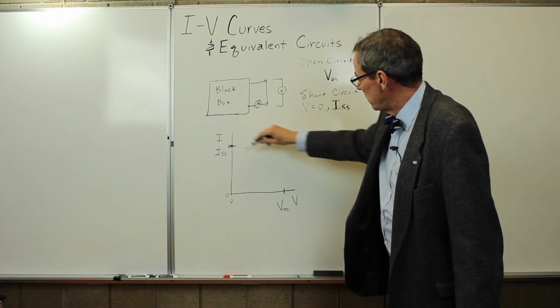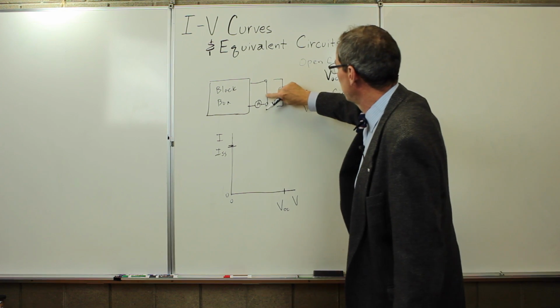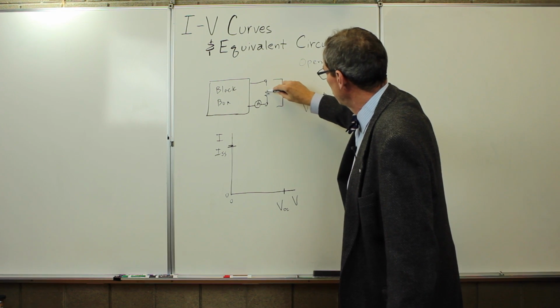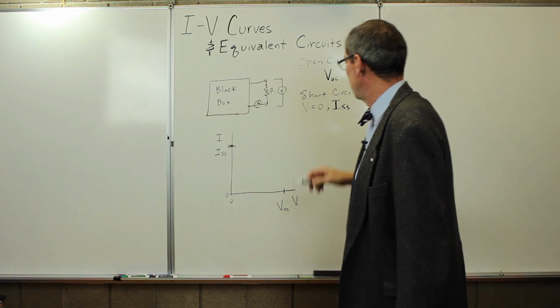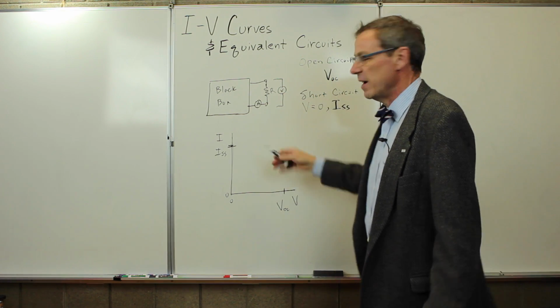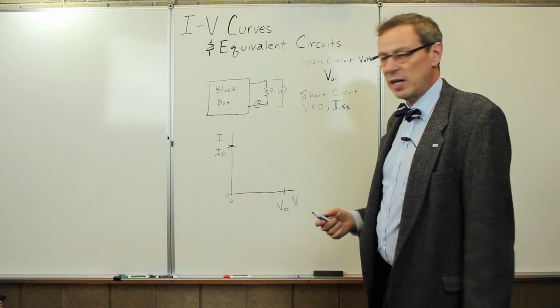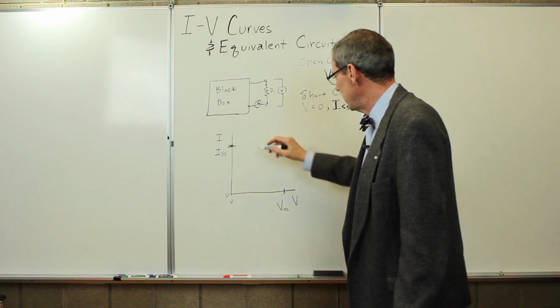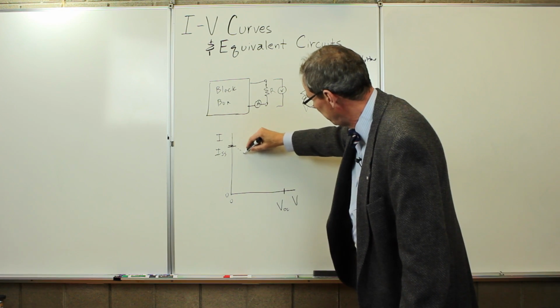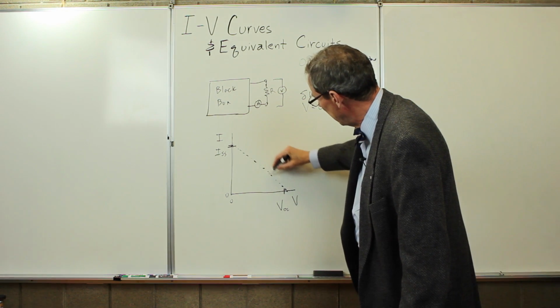To measure the points between here, we'd have to put various resistors in here, and then measure the voltage and the current, and that would give us a set of points. For a lot of the things that we do in this class, these are linear. So we'd measure a set of points that would fall on the line that goes between those.